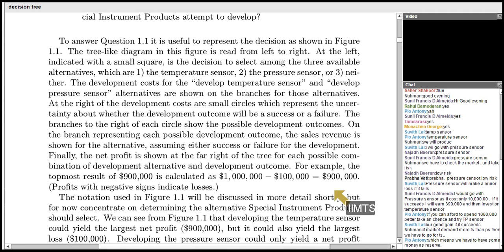So the tree-like diagram, I hope everybody has the tree. Did everybody take down the tree? Because we're going to go back to that tree. Should I show the tree again? Let's take down the tree so we have an idea.